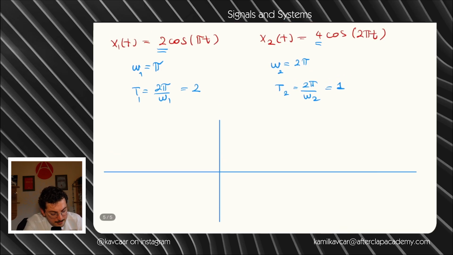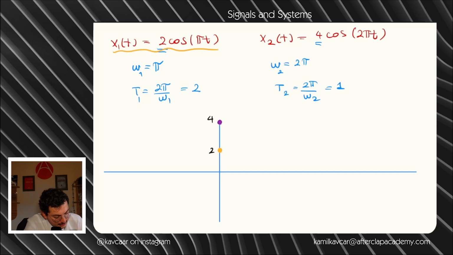So logically, whenever I want to draw a graph for these two, I'm going to do something pretty basic. Both of them are cosines, and cosine is equal to 1 at t equals 0. Therefore, with their magnitudes, x1 of t is going to start from here, and x2 of t is going to start from here. After that, for x1 of t, I see that the period is 2. So if at t equals 0 I am at the value of 2, and here we have 4, then after 2 seconds I have to be at the same place.